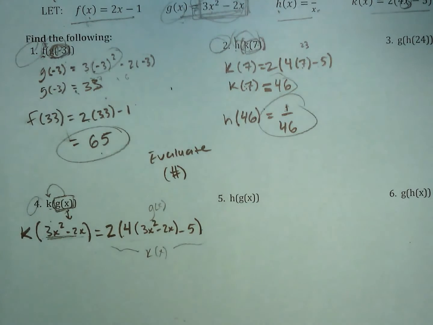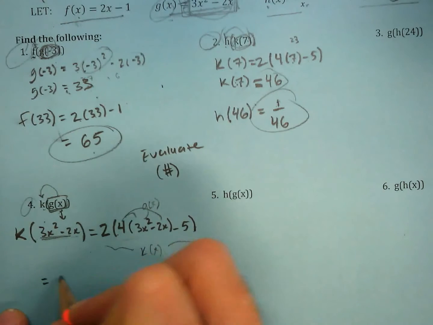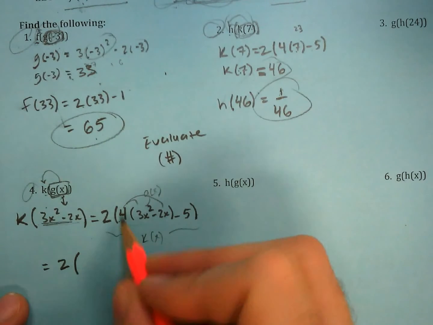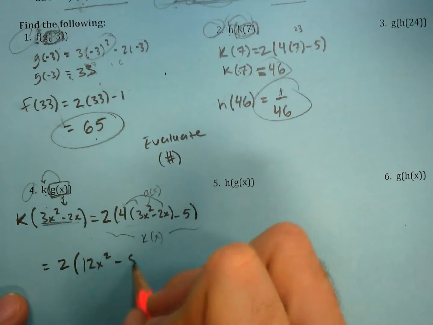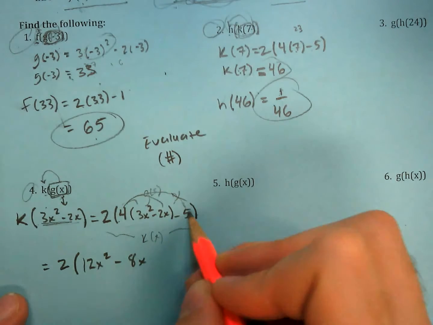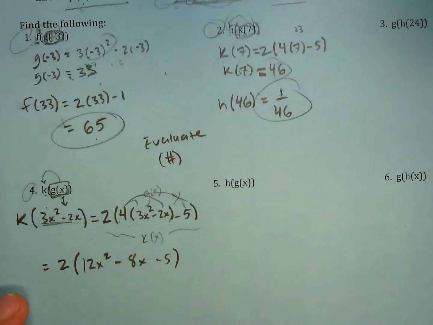Right? Now we can simplify a little bit more. Let's distribute. So leave this to the end, right? Work with the parentheses first. 4 times 3x squared equals 12x squared minus 8x. This 4 does not distribute to that negative 5. It's not being multiplied by those parentheses, so it's just a minus 5 out there.